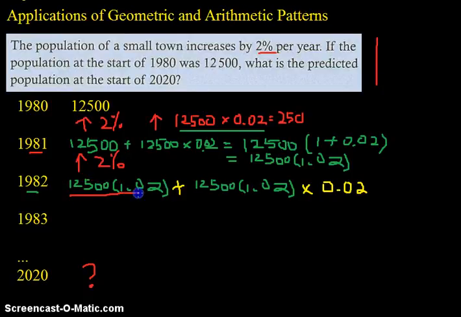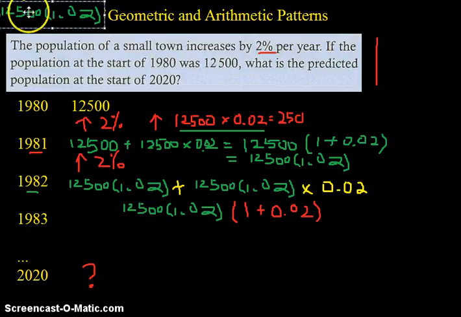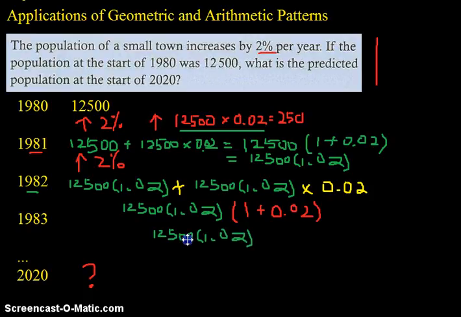So now I have this 12500 multiplied by 1.02, and I have the same expression at the back. So again, I can factor them out. This is equal to this, and then parenthesis 1 plus 0.02. Right, and if I simplify this, I will get this whole thing to the power of 2.